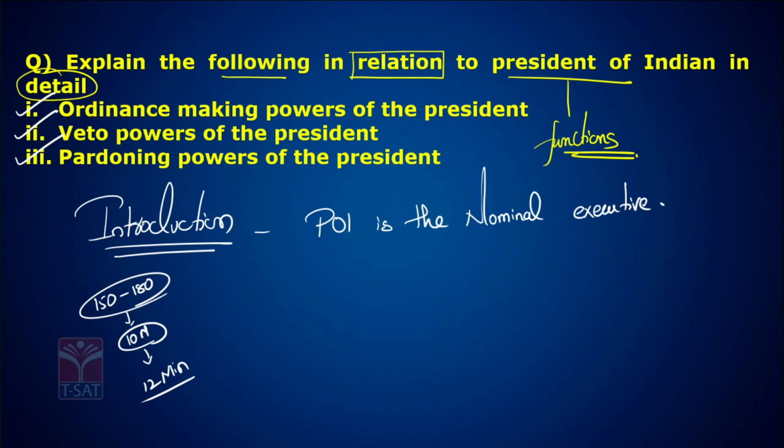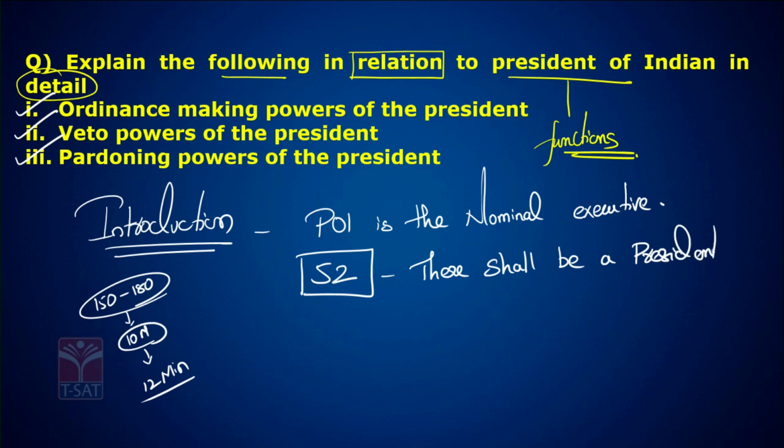President of India is the head of the Indian state. Article 52 of the Constitution says, there shall be a president for India, who is the first citizen of the country, who represents the republic character of the country.